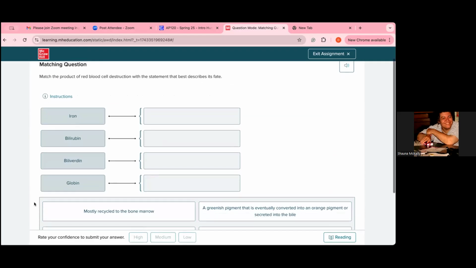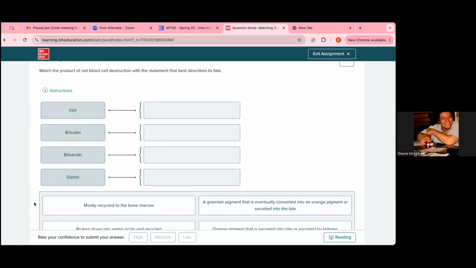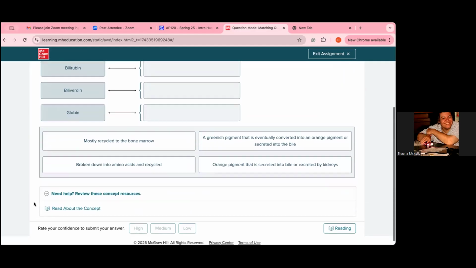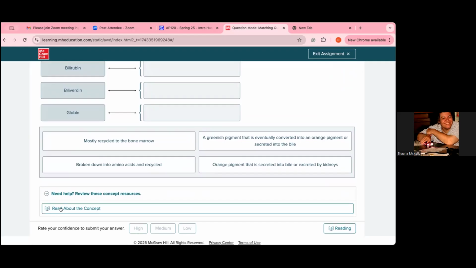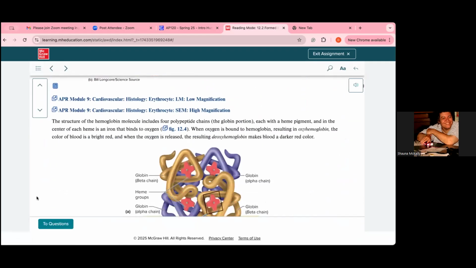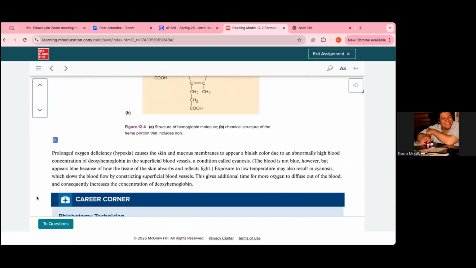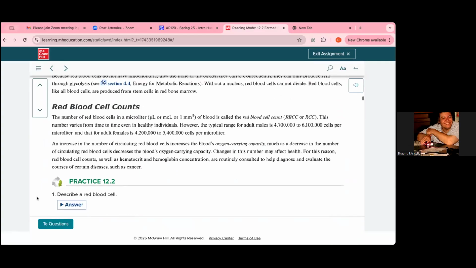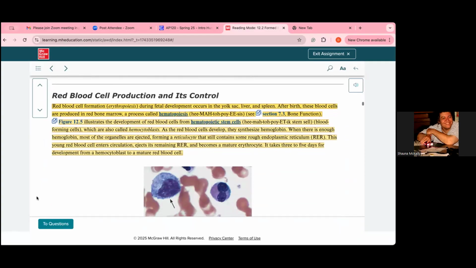Match the product of red blood cell destruction. Okay, yeah, we didn't read about the destruction yet, so we can't answer this question. The destruction was what we were about to get to after we read the last thing. So go all the way down to about the fate and destruction of red blood cells.